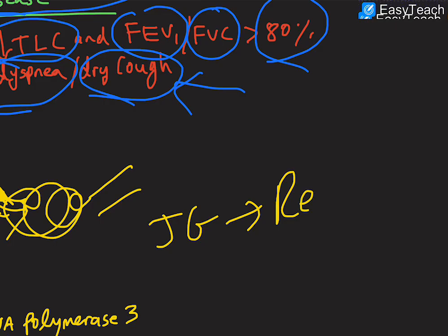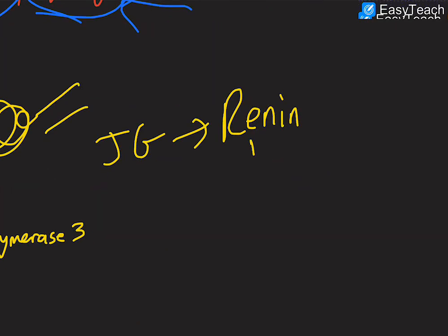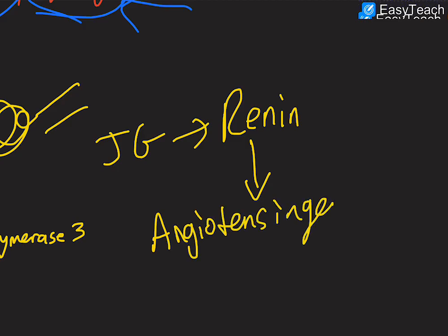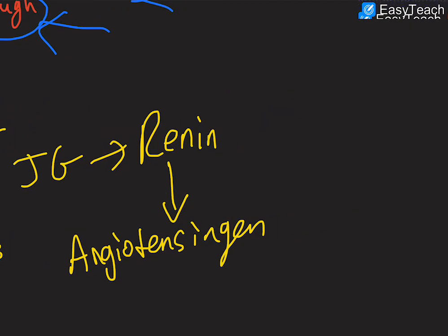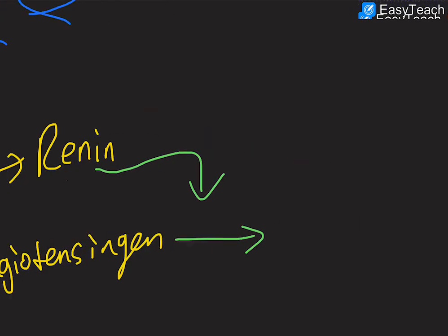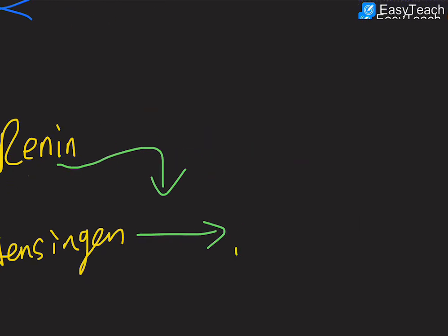They release renin, right? Remember what renin does is it takes angiotensinogen released by your liver and converts it into, so we should actually draw it like this, let's erase this arrow. Renin takes angiotensinogen and converts it into angiotensin 1.